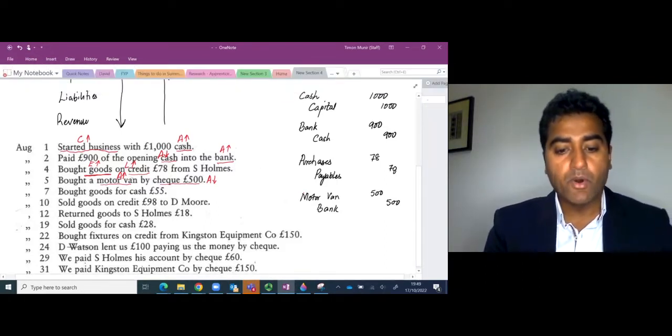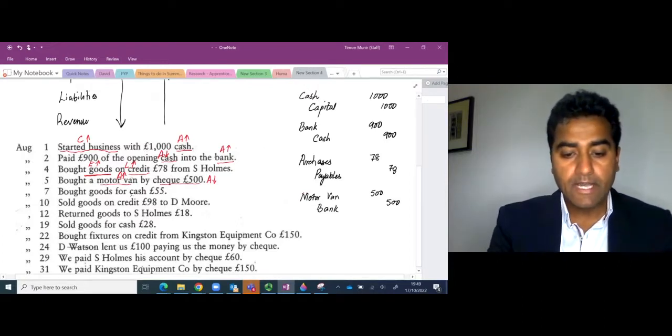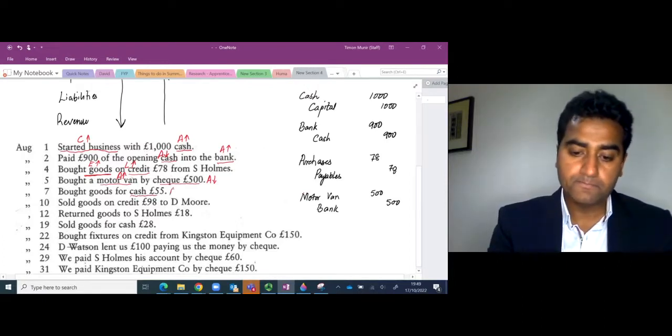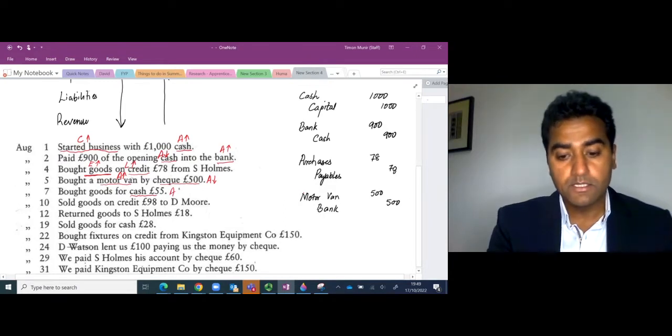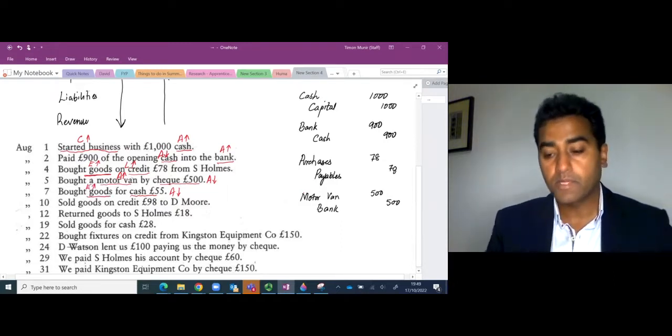The next entry is bought goods for cash. So this time we are paying cash. Cash is my asset, which is decreasing, and goods, which are expenses, are going up, they are increasing.